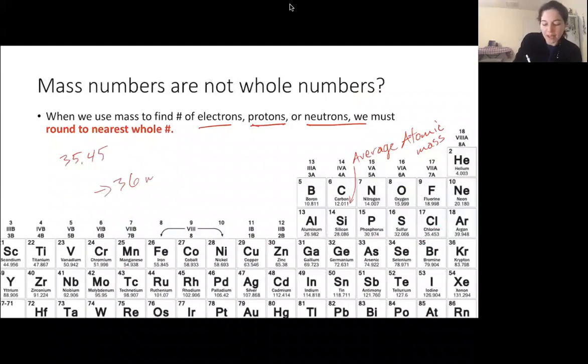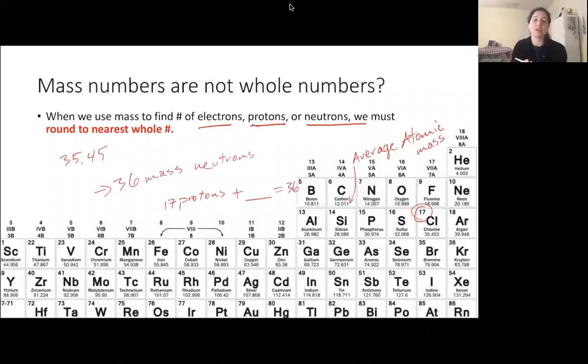That would be the mass that you use to find neutrons. For chlorine in particular, it's got 17 protons. And protons plus neutrons equals our mass, which is 36. So you'd take 36 minus 17 to find the number of neutrons.